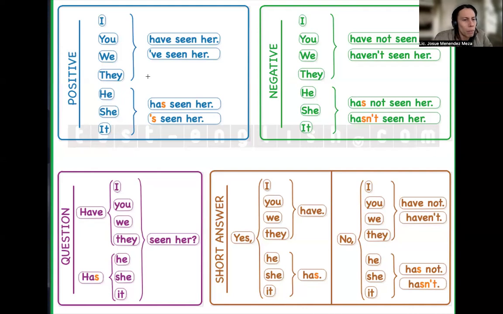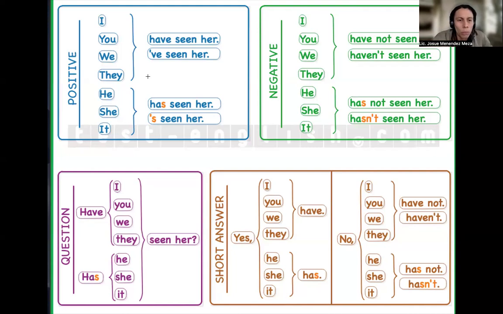So in positive sentences, we use the structure: the pronoun of the subject and then have or has. Depending on if you are talking about the third person, you know that you have to use has when you are talking about he, she, and it.